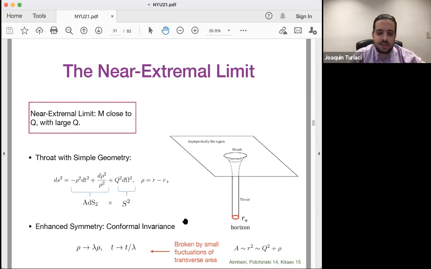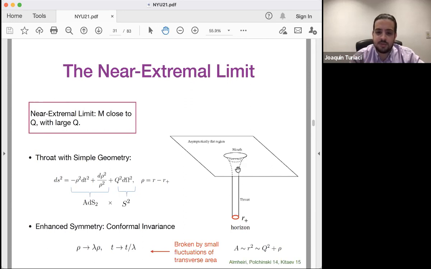Now, it will be important, and this was a source of confusion in the 90s and 2000s, that this symmetry has to be broken. So I will assume from the beginning that we will include these effects. Basically, the effect is that if you look at the area of this S2, of these angular directions, as you move along the throat, it is not really constant, but slowly increasing as you move outside of the throat.